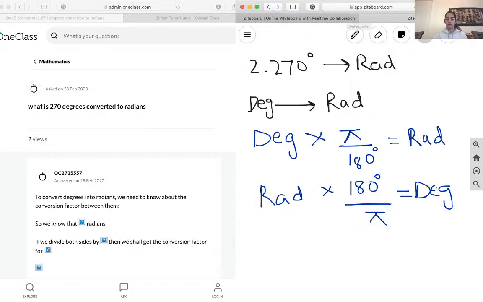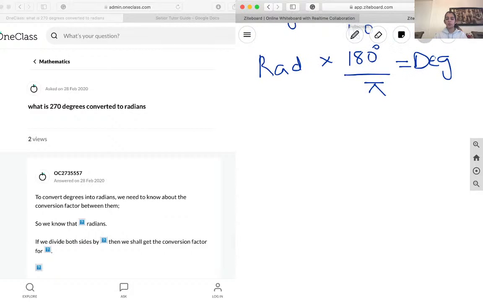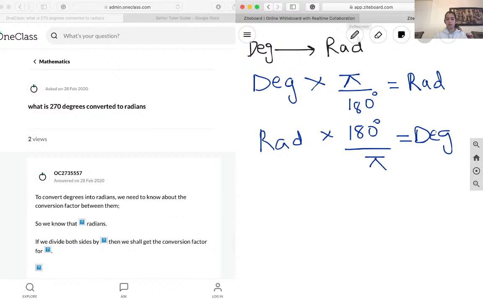So in this question, in our example, we're going to be using the first formula right here. We're going to take 270 degrees and times it by pi over 180 degrees, which equals 270 pi over 180.